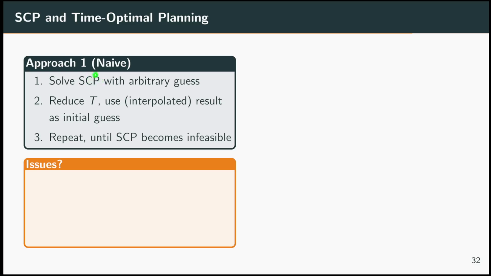One way of doing time optimal planning is to start with a pretty large t where we're confident we can solve it, and then linearly reduce it until the SCP becomes infeasible, and then we get the optimum.